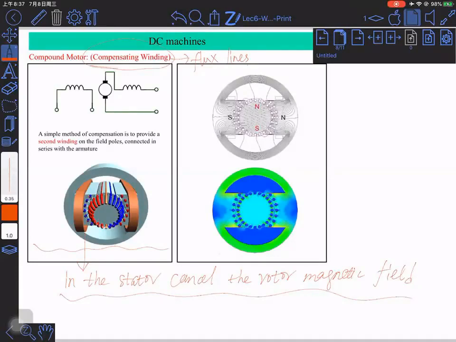And if you have the compensating winding and you have the rotor armature circuit like this, when the machine rotates, you will create a magnetic field as shown in the upper right corner. This upper right corner figure shows us the flux lines. And those flux lines, you can see, they are evenly distributed in the stator circuit here.